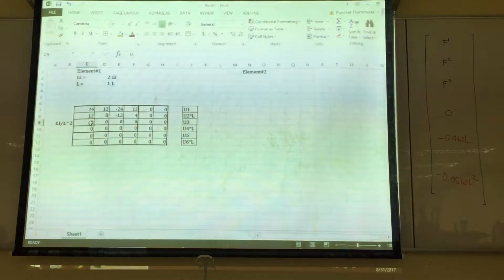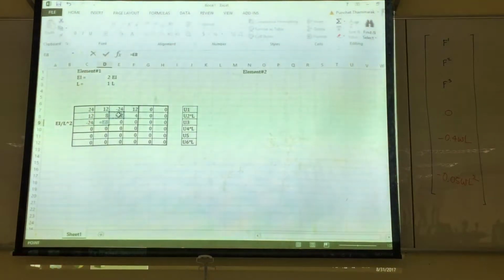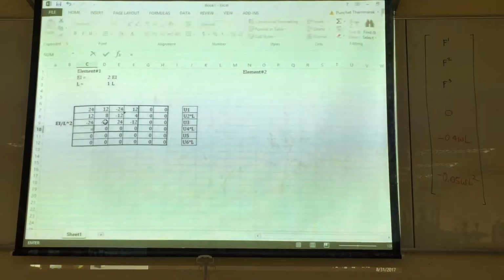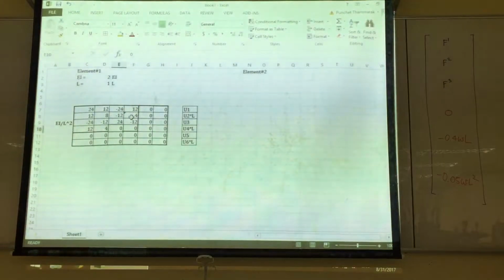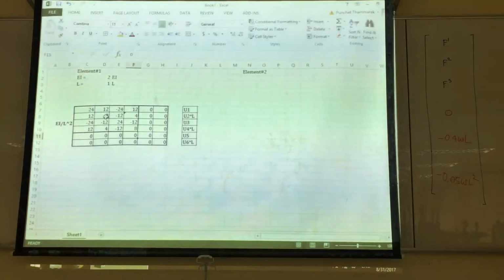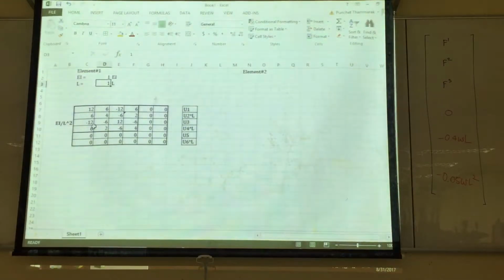Okay, and then easy, minus of this one equals to this one, the diagonal equals to this one, and equals to this one, and equals to this one, equals to this, and equals to this, and the last one equals to this one. If we change to 1, okay: 12, 6, minus 12, 6, 6, 4, 6, 2, minus 12, minus 6, 12, 6, minus 6, 6, 4, minus 6, 4. Okay, was good?